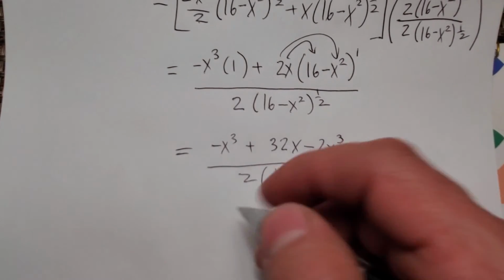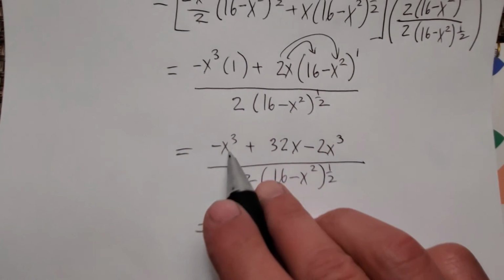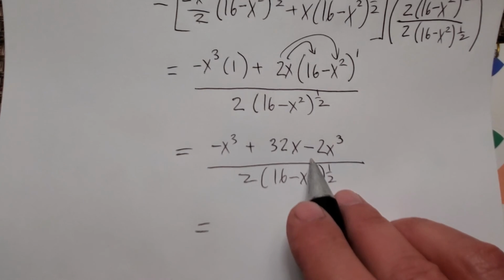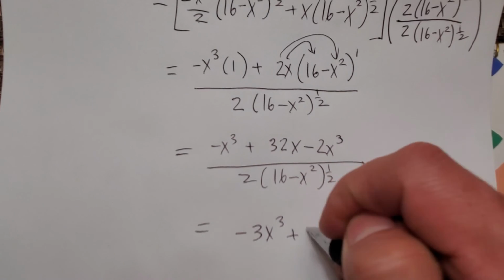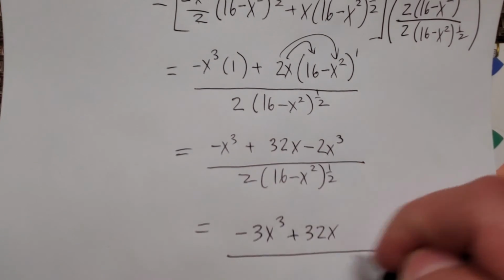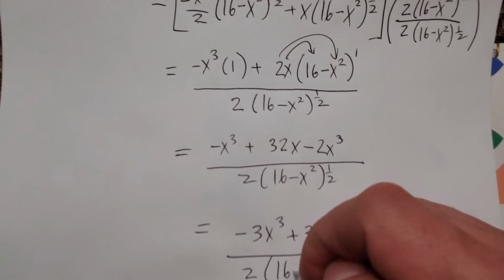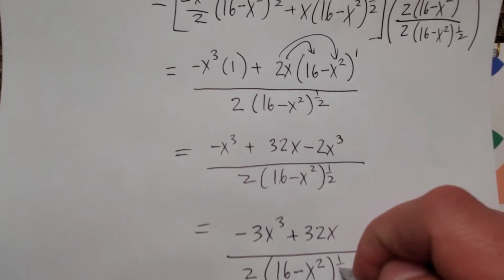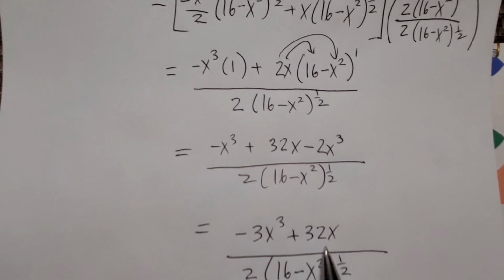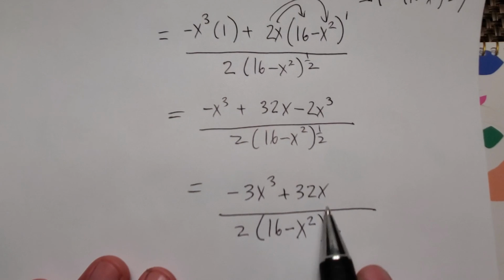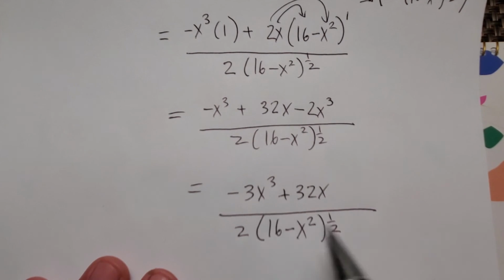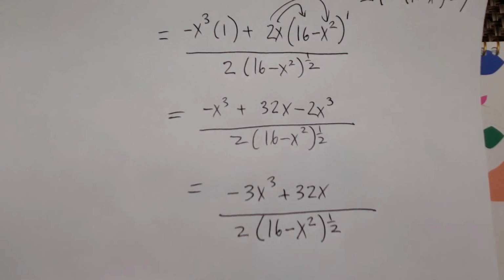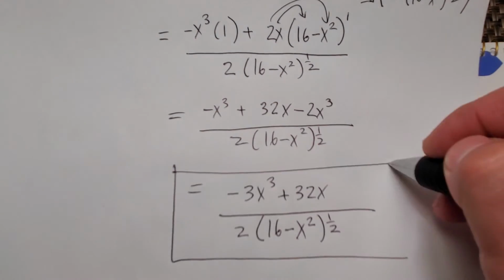Now we can combine these terms up here. Negative x cubed minus 2x cubed is going to be negative 3x cubed plus 32x, all over 2 times 16 minus x squared to the 1/2. And we could, if we wanted to, factor out an x from the numerator, since we have a common x. But just for the sake of time, I'm going to stop right there.